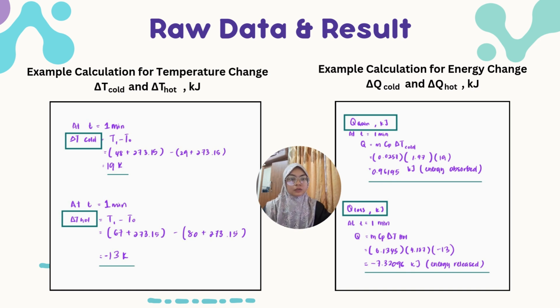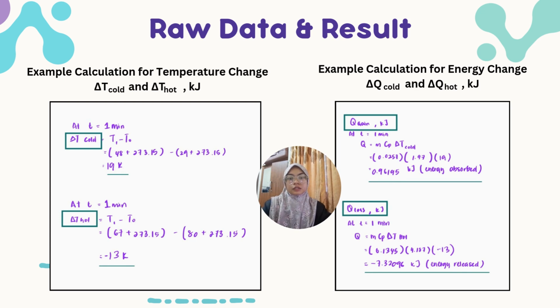So for example, at T1 minute, delta T cold is T1 minus T naught, 48 plus 273.15 minus 29 plus 273.15, we get the delta T cold is 19 Kelvin. So here is where we change the degree Celsius to the Kelvin. Also same goes for the calculation at T hot.